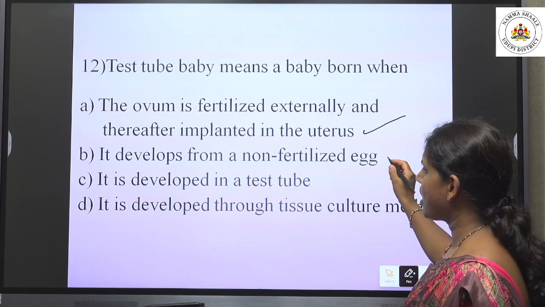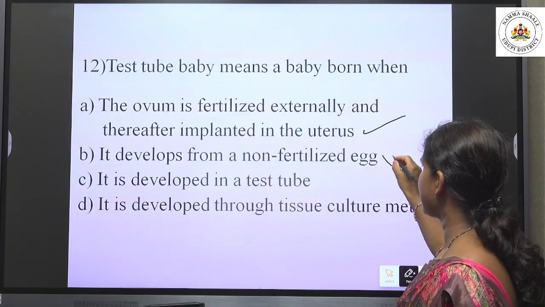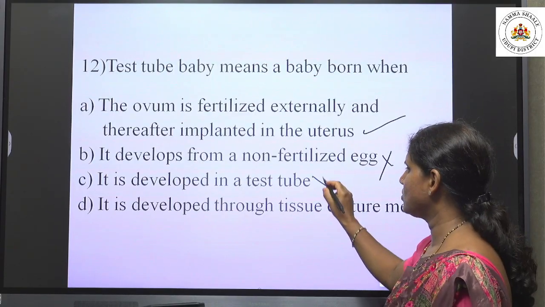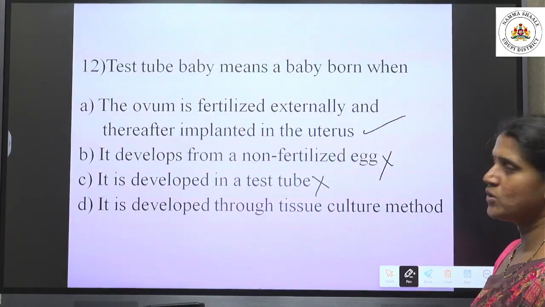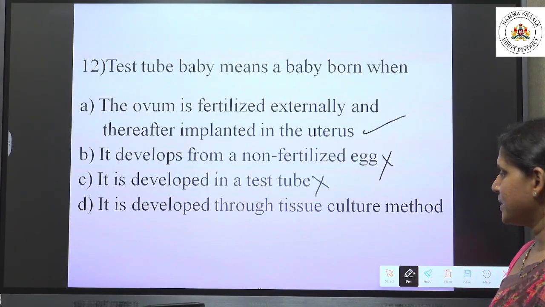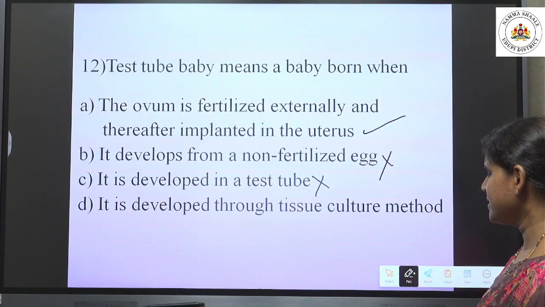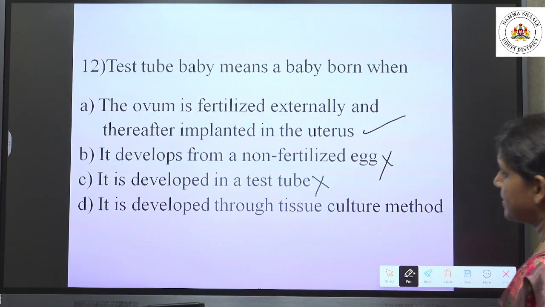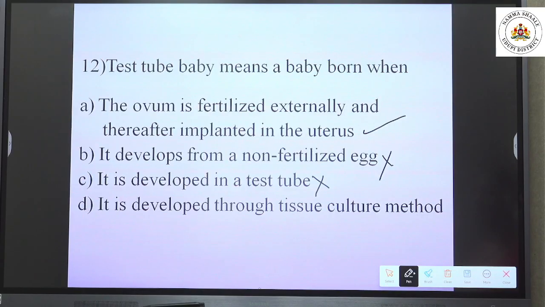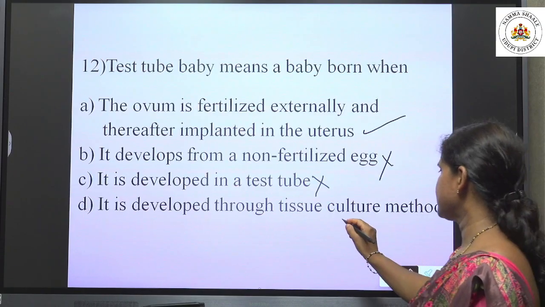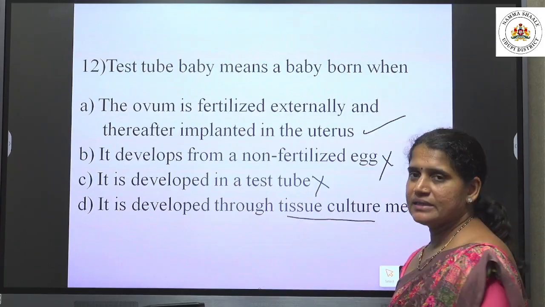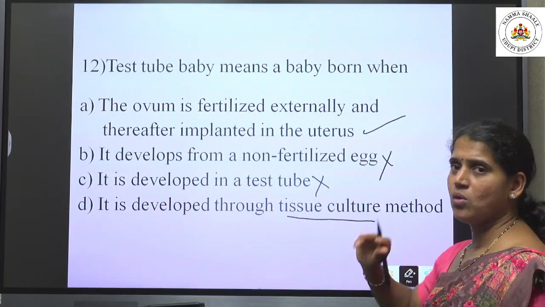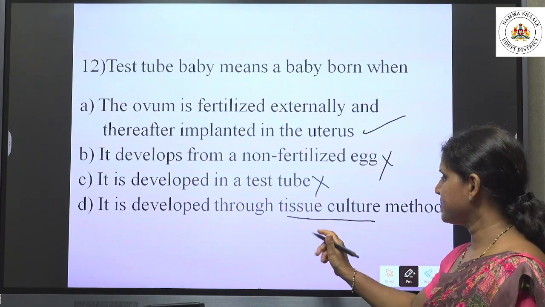The other options are wrong. It is not developed from the non-fertilized egg; it is a fertilized egg. And developed in a test tube is also wrong. A suitable nutrient medium in lab condition is mainly used to develop the test tube baby. And tissue culture is a technique mainly used in developing a whole plant from a single cell.